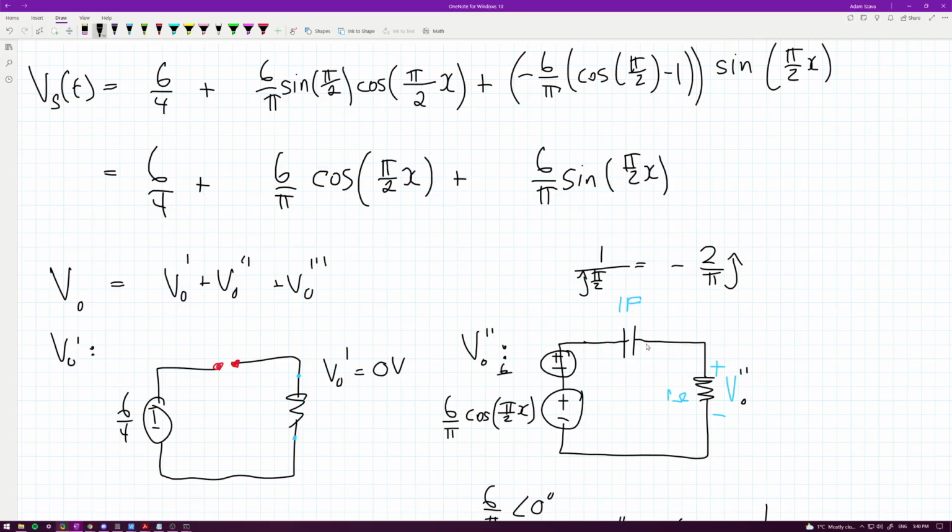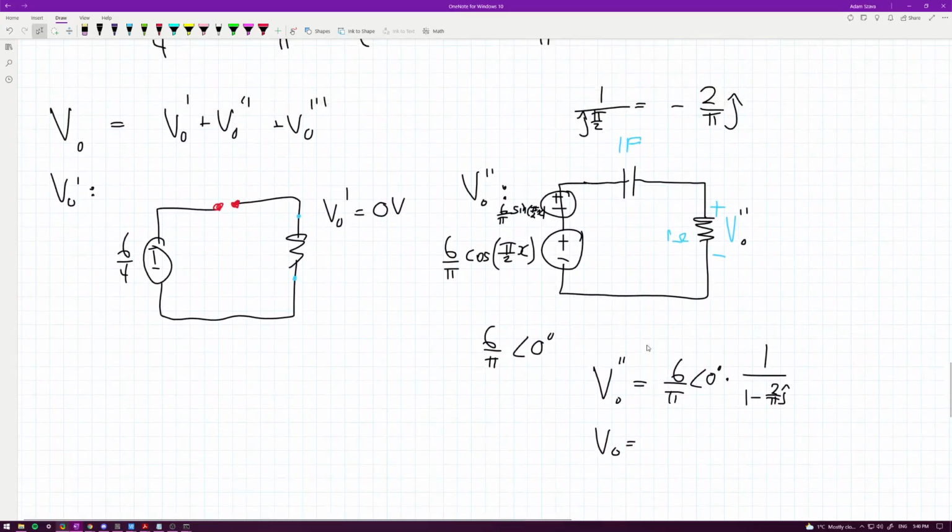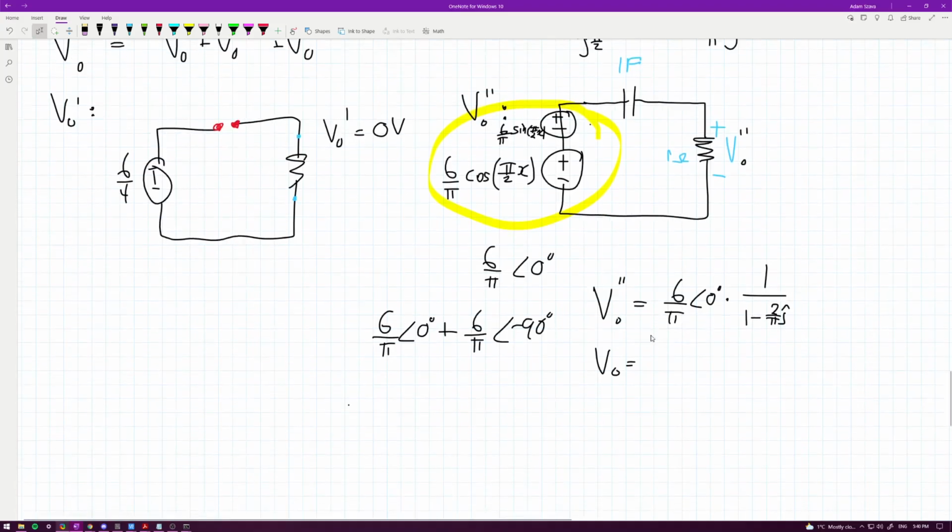So here we're gonna have another 6 over pi sine pi over 2x term right there, and so in total this source right here is 6 over pi at an angle 0 plus 6 over pi at an angle negative 90, because of the sine term up there, right? That's the equivalent of the source here. And so that's going to be, well, 6 over pi at an angle, what is it?